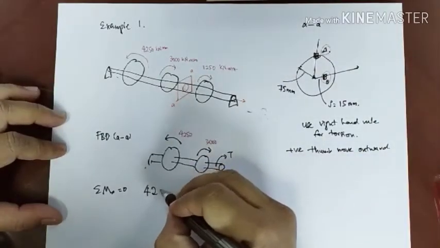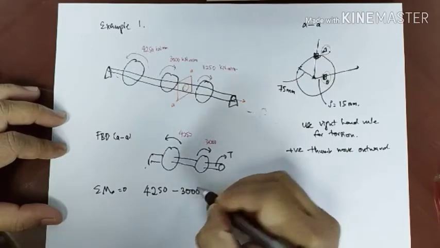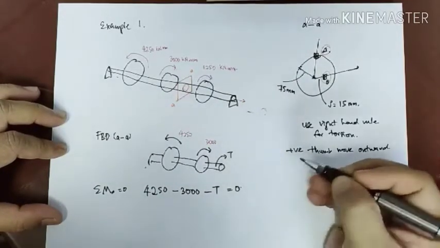So we have 4250 minus 3000 minus T equal to 0.